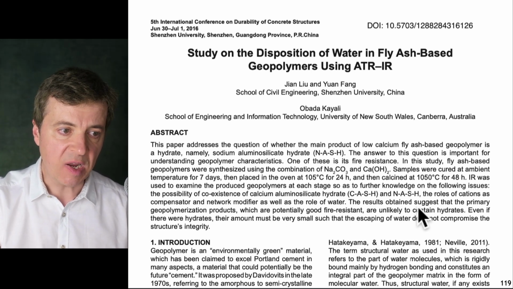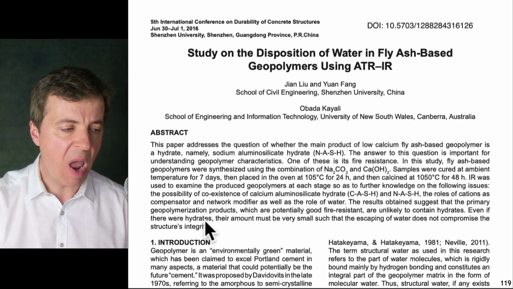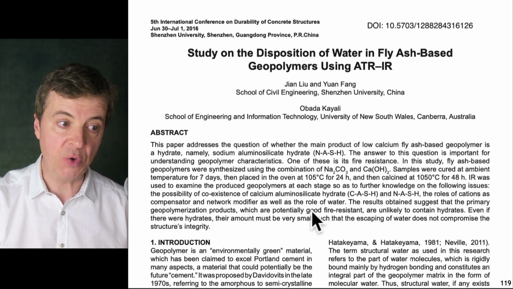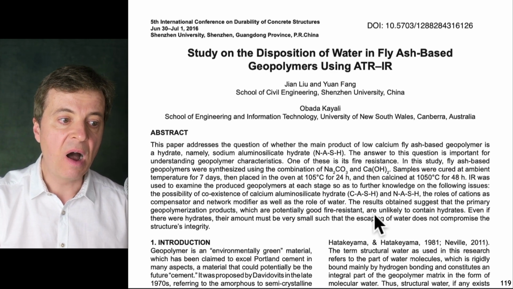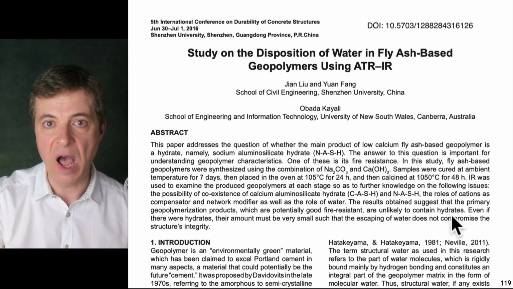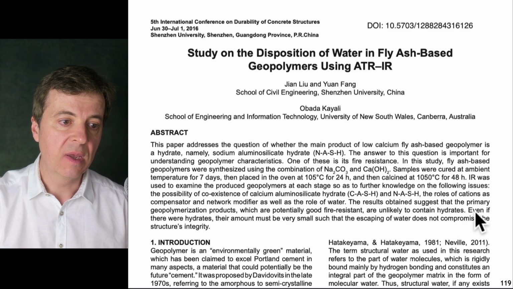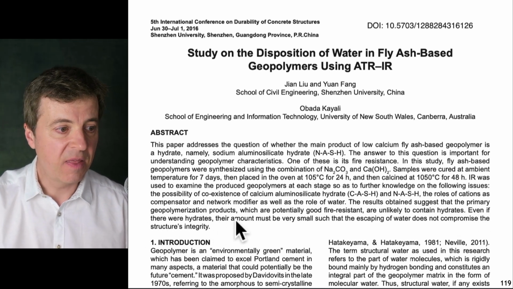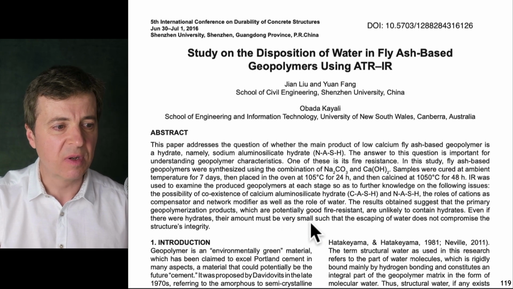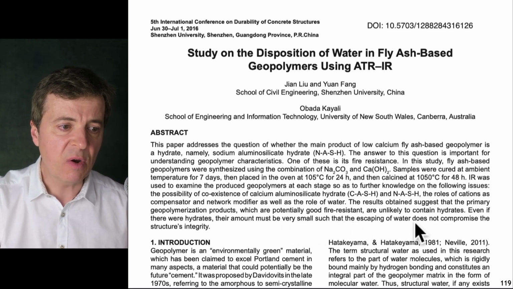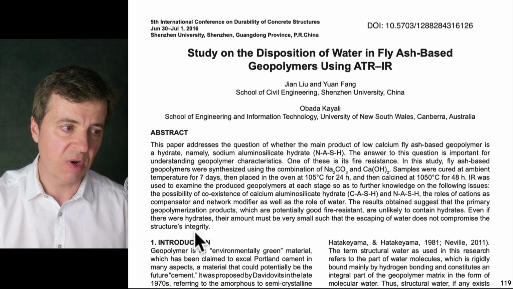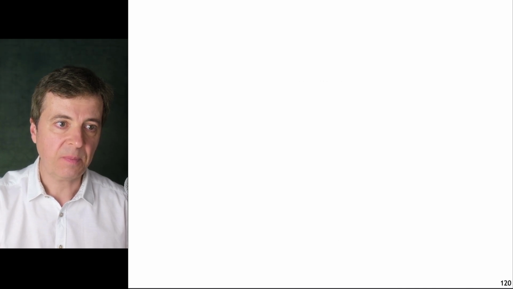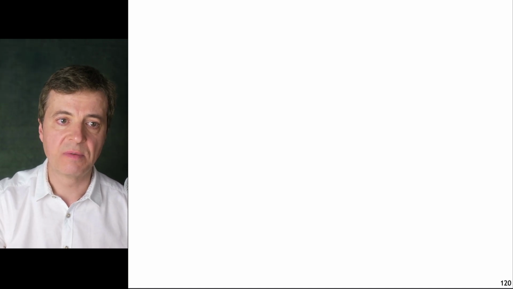The results obtained suggest that the primary geopolymerization products, which are potentially good fire resistant, are unlikely to contain hydrates. Even if there were hydrates, their amount must be very small, such that the escaping of water does not compromise the structure's integrity. I read some excerpt from the paper.